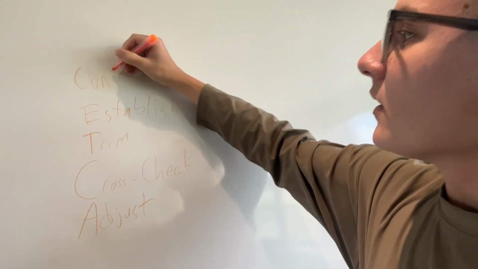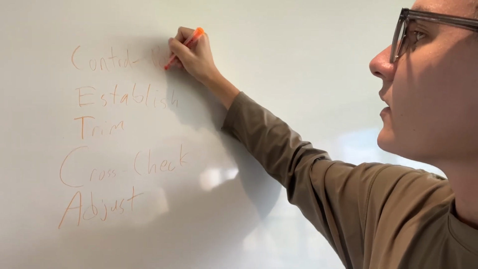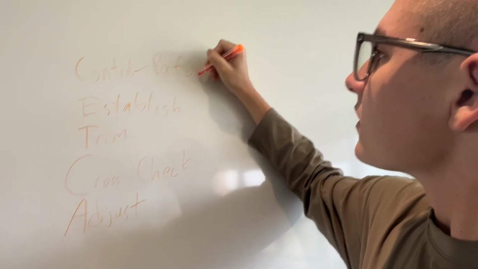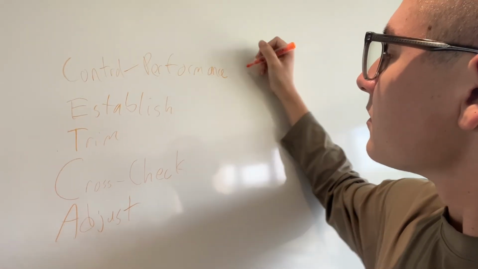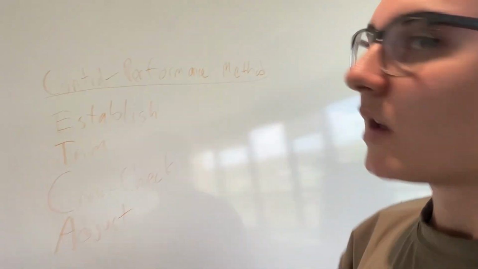This is the 4 steps of the control performance method. Now let's break it down.